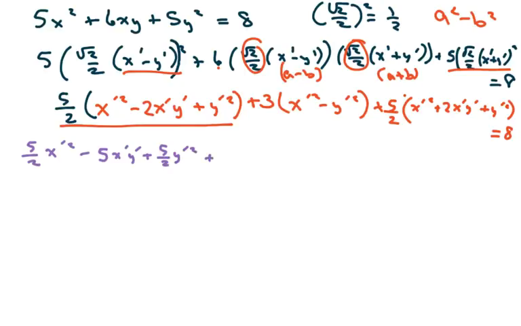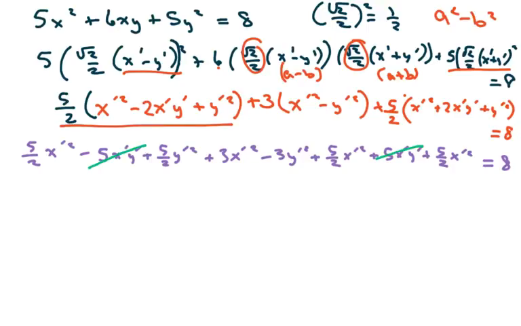Then I have plus 3x prime squared minus 3 y prime squared plus 5 halves x prime squared plus 5 x prime y prime plus 5 halves y prime squared. Yeah, equals 8. Now, if you notice, what happens is we eliminated the x prime y prime terms. We eliminated those, and all I had to do is add up my squares and all that good stuff.